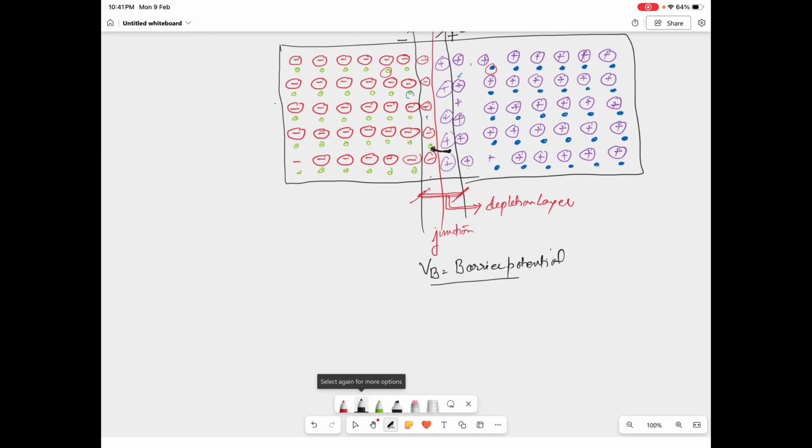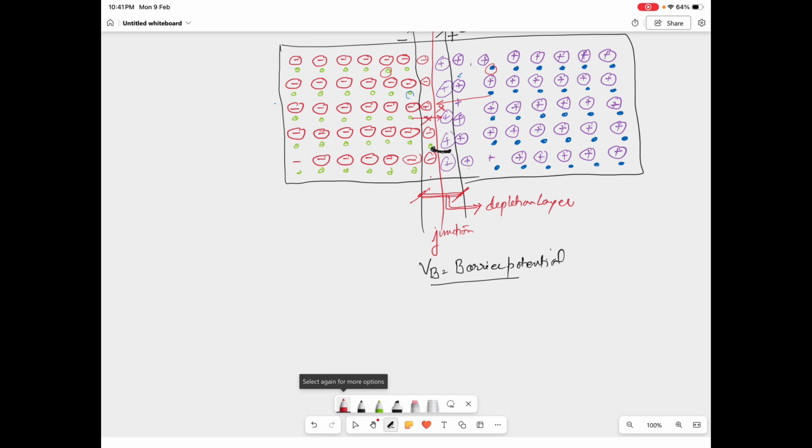This recombination, what we have shown here, doesn't happen indefinitely. Up to a certain stage this happens, and once the barrier voltage is created, it does not allow the holes to go to this side, and it does not allow the electrons to come to this side.